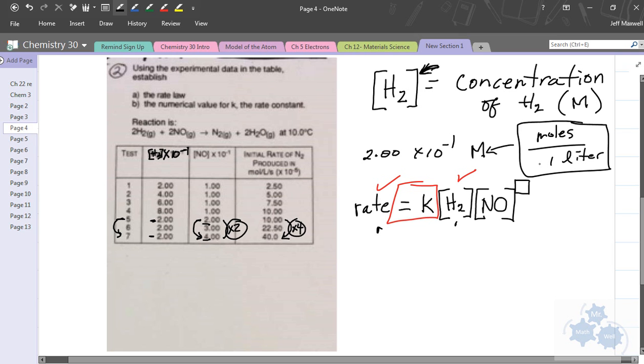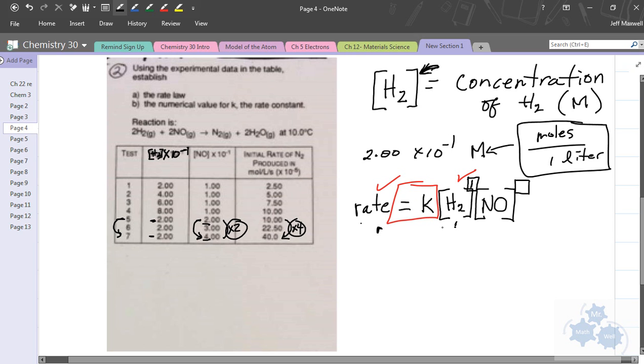All right, so think about this for a minute. What exponent would I put here? Because I've actually put an exponent here. What exponent have I put here without writing one? 1, okay? So, just looking back, hydrogen concentration is directly affecting the rate. So as the hydrogen concentration changes to the power of 1, that's how the rate changes. Doubles, doubles.